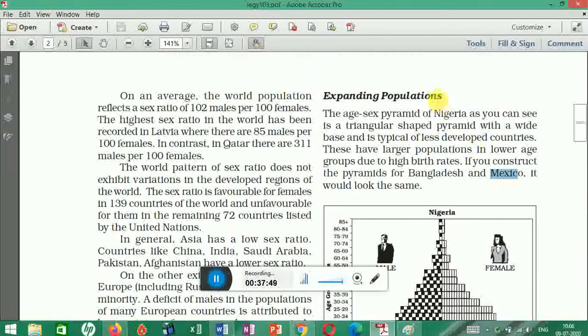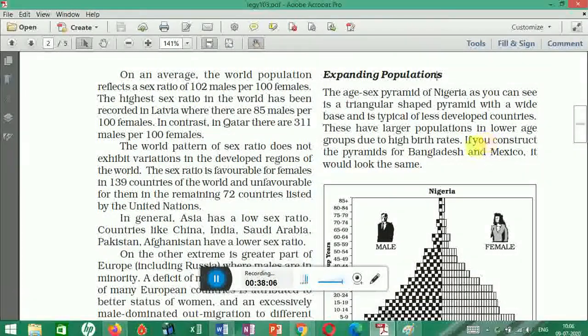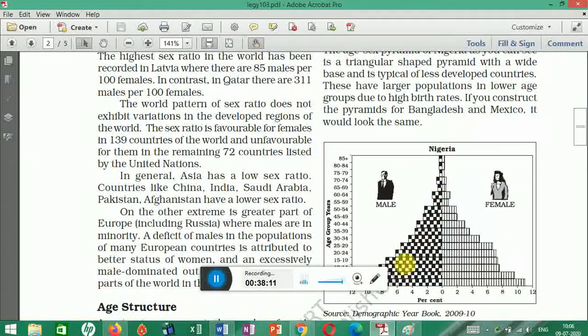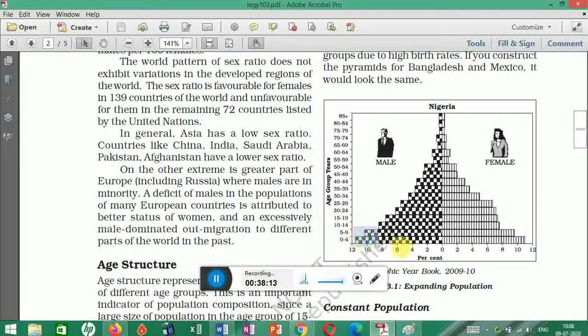Okay, about expanding population. See here, expanding population means the growth of population is becoming higher and higher day by day. The population is growing rapidly. When we prepare a sex pyramid, you will find a very wide base.